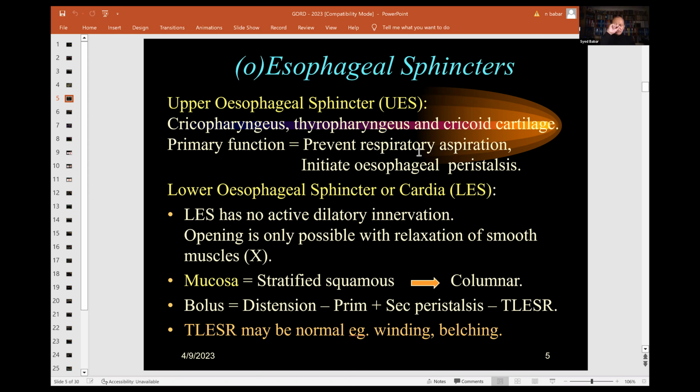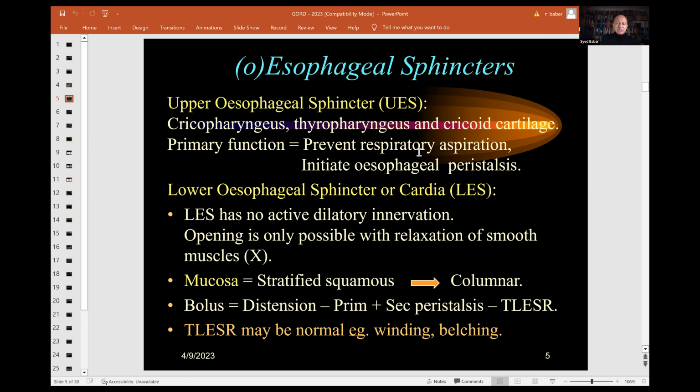So once the upper esophageal sphincter is allowed to relax, then it initiates the esophageal peristalsis. The first of it is the neurological mechanism.